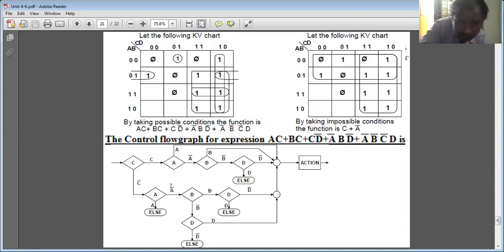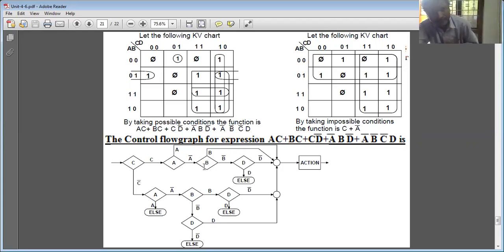BC should come here. BC. B is there, then C. Where should C come? C, A is there, CA is there, over. Then C, B, after B then C. CB or BC?